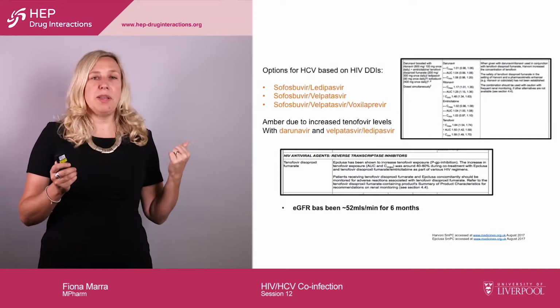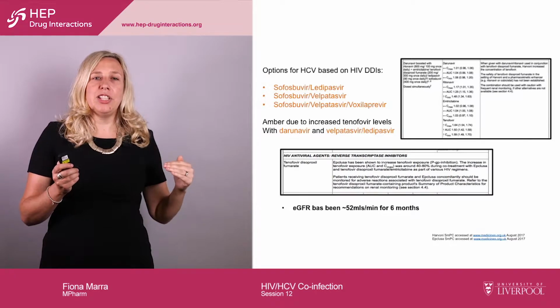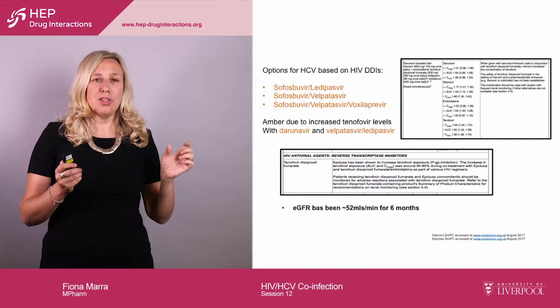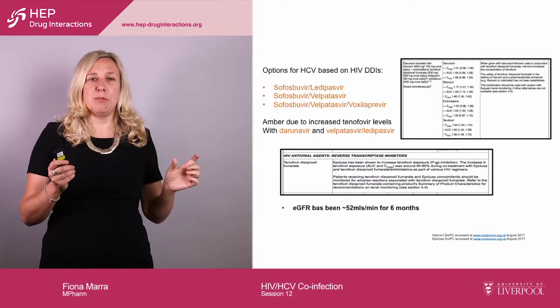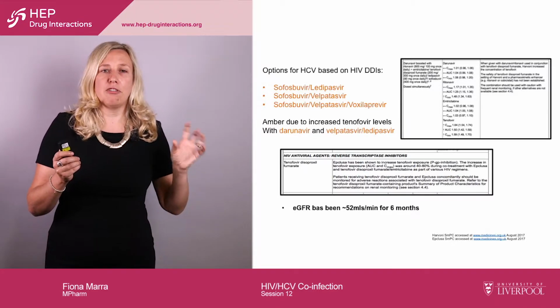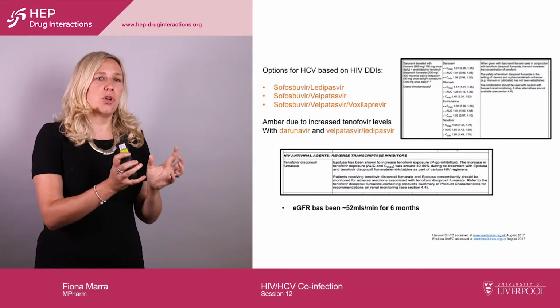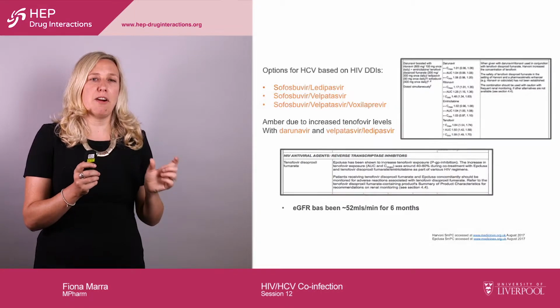However, with our patient, we can see that the eGFR has already been reduced. So the eGFR with this patient has been stable at 52 mls per minute, around this for around 6 months. So there's already a burden on the kidneys with a reduced eGFR like that.